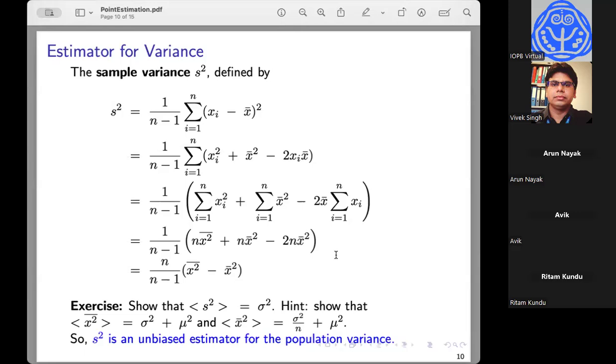This is the definition of the sample variance, and you can show that it is an unbiased estimator for sigma square. If you take the expectation of S square, you can show that it is an unbiased estimator for sigma square. This is an exercise for you. So S square is an unbiased estimator for the population variance, again irrespective of the PDF.